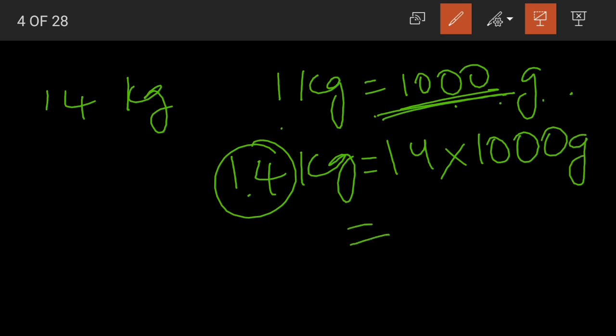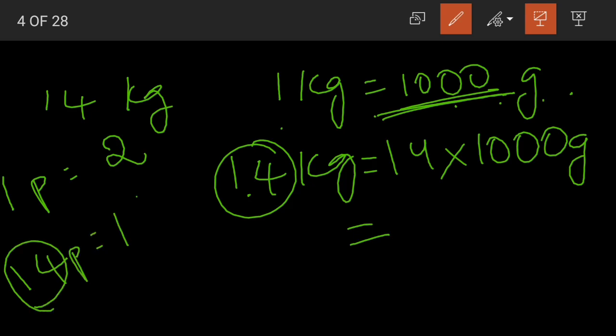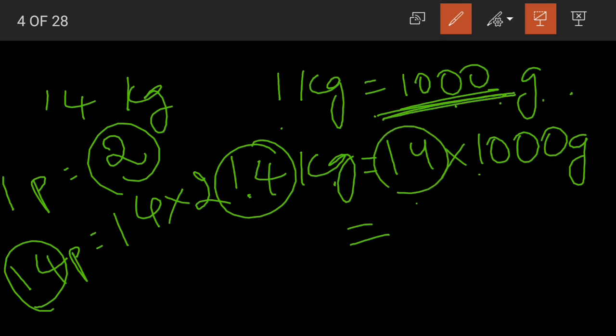Understood? Just like when I say 1 pen is equal to 2 rupees, then 14 pens will be equal to how much? Yes, 14 into the cost of each, 2. In the same way, 14 kilograms is equal to 14 into 1000 grams.